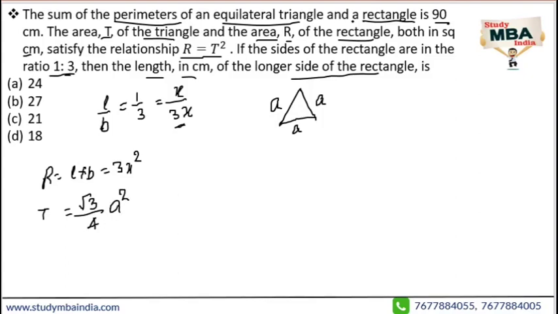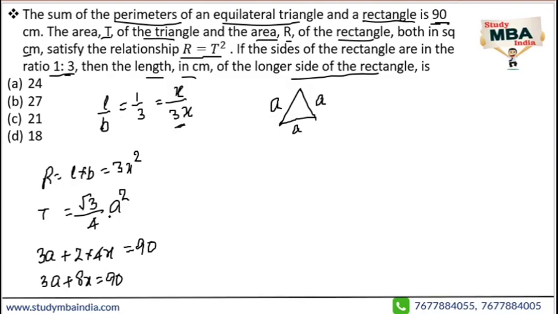Now it says that the sum of the perimeters of the equilateral triangle and the rectangle is 90 centimeters. The perimeter is the sum of all the sides, which we can say is 3 times a plus 2 times the length plus breadth, and the length plus breadth is 3x plus x, which is 4x. So we can say this is 2 times 4x, so 3 times a plus 8x is equal to 90.